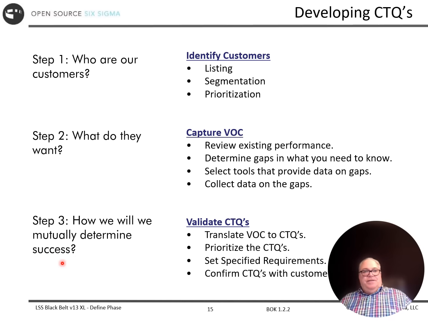And then mutually, in order for the customer to say that we did a good job, we should mutually understand, well, what's the measure of success? And if we're doing this on their behalf, would the customer agree that if we move this characteristic from this level to this level, that we in turn did get better?